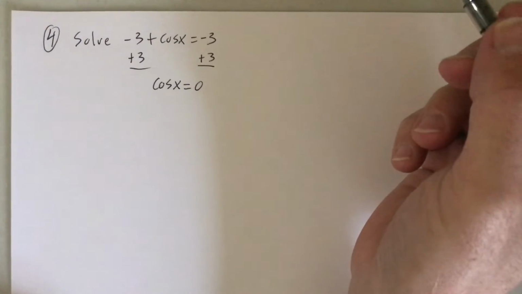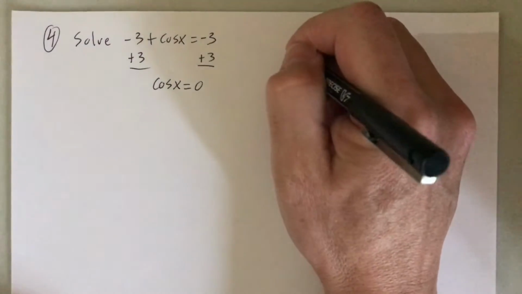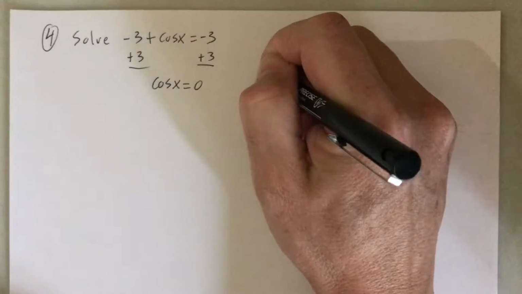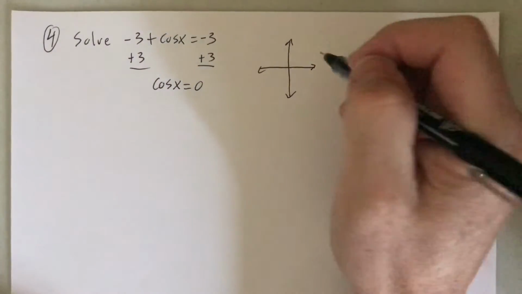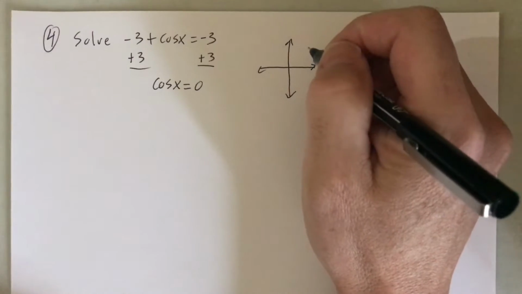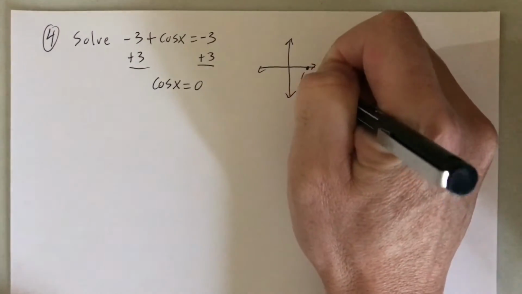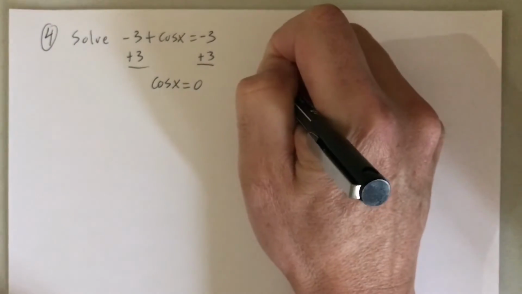Now, if you recall, cosine x equal to 0 is going to be on an axis, so it's either going to be on the x or the y. Think about the unit circle and what the ordered pairs are. Here this is 1, 0. This is 0, 1.